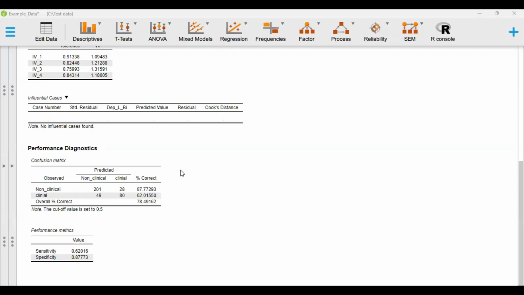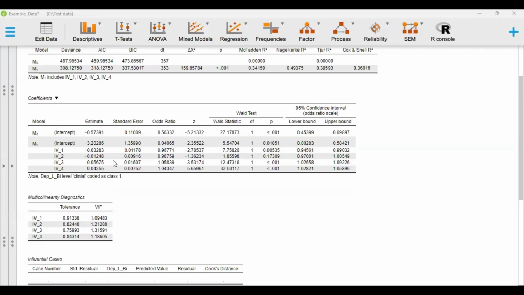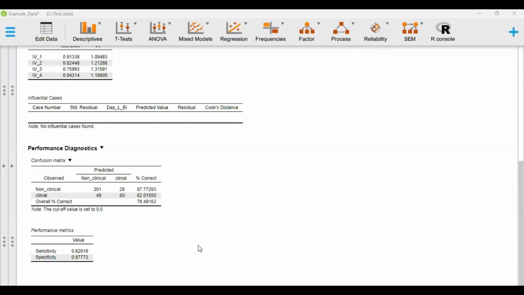The model can do this because in our actual data set, we knew which participants have clinical depression and which don't. These independent variables have the power to correctly predict, 62% of the time, the status of clinical depression for a participant. The opposite of that is specificity.